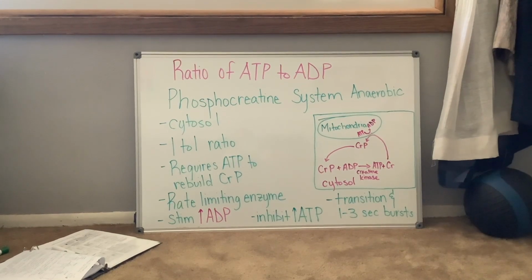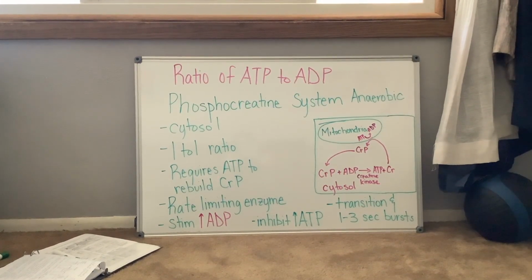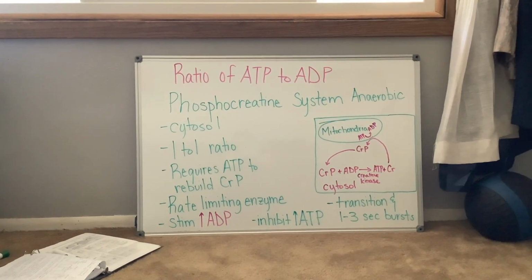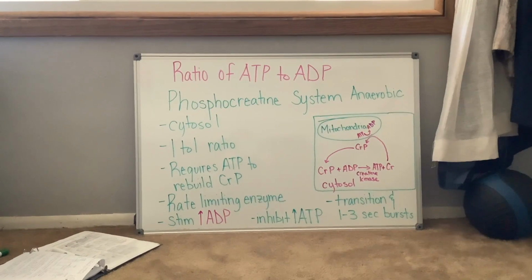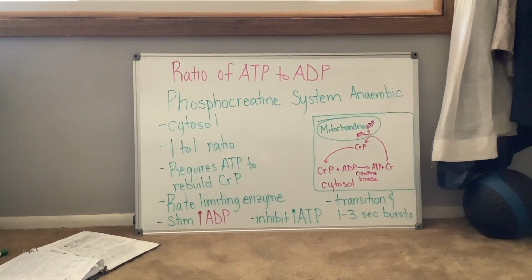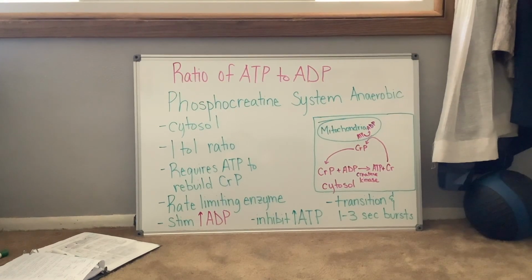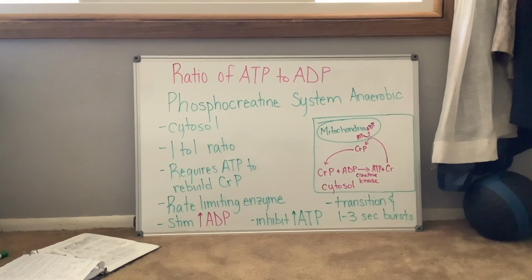As I previously stated, as the ratio of ATP to ADP decreases, it indicates that the cell is becoming more metabolically active. The increase in ADP around the cell stimulates all three systems. However, all three systems take a different amount of time to create ATP.